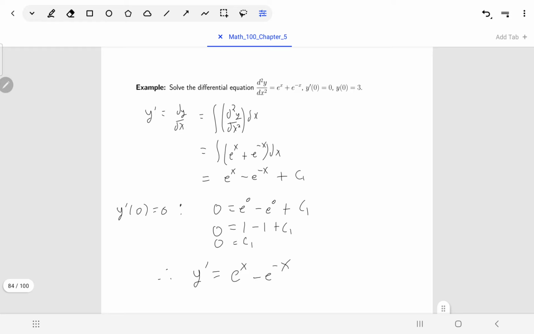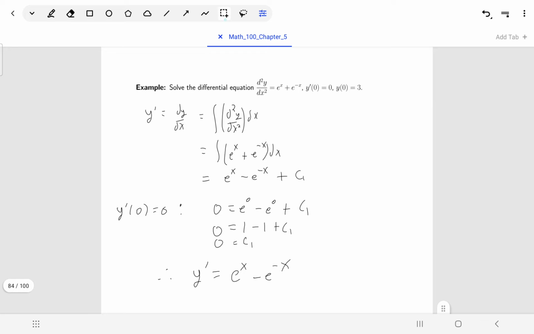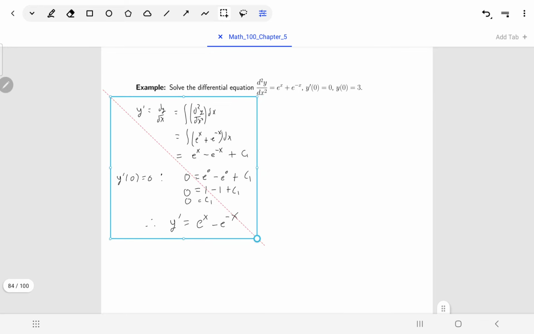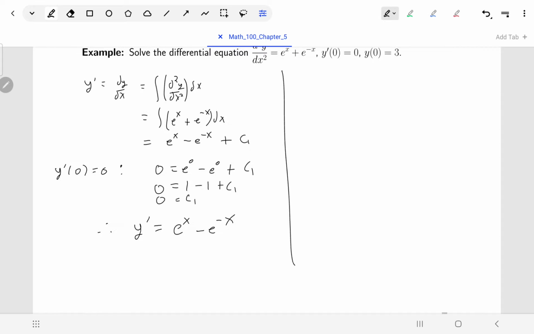Okay, so now let's go backwards one step further and find out what y is. And so for that, I will need to, on the side, do some more integrating. And so now y should be one of the antiderivatives of y prime.